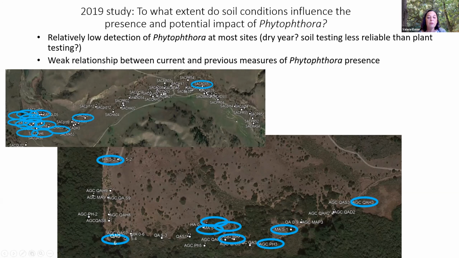In terms of whether Phytophthora is influenced by soil conditions, we only had 2 sites that had any substantial amount of Phytophthora detections that we could even try to do statistics on. At our wetter site, we had 7 positive detections across 34 seedlings we measured.